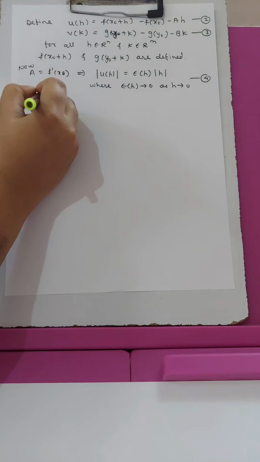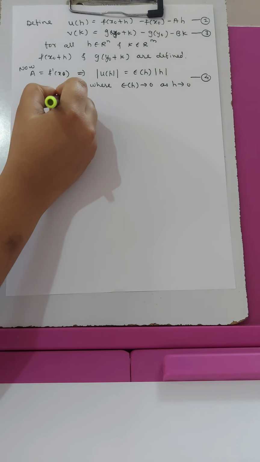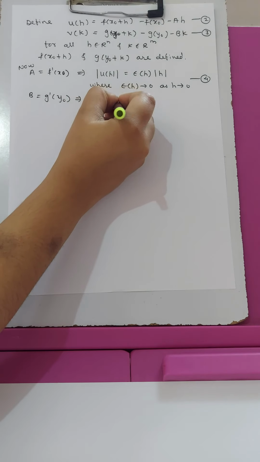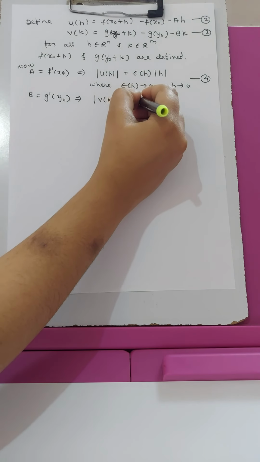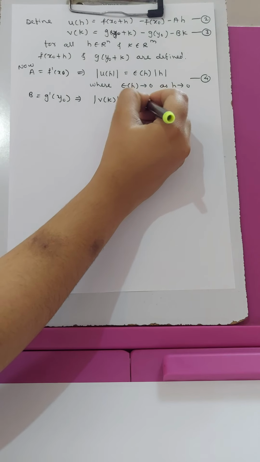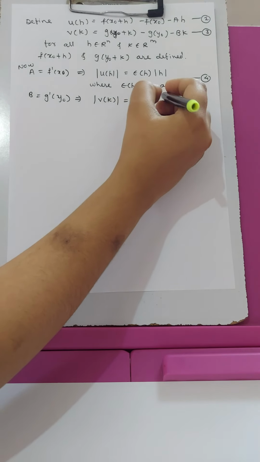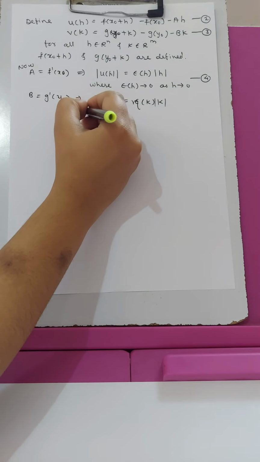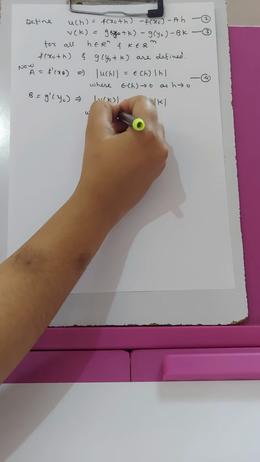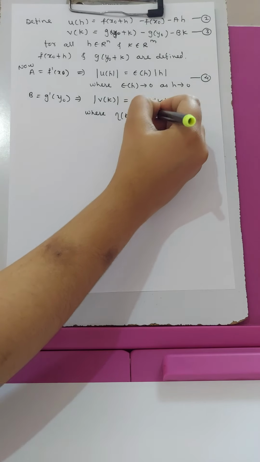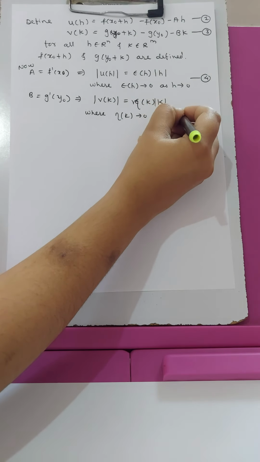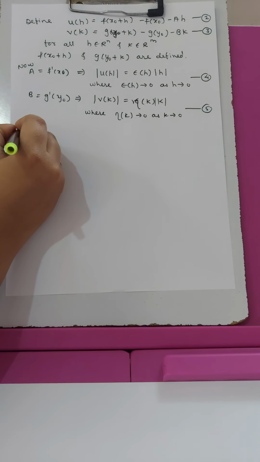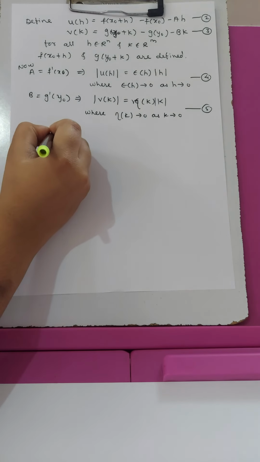And also B equals g dash of y0, so this implies that the norm of v of k is equal to eta of k times the norm of k, where eta of k tends to 0 as k tends to 0, and let this be number 5.